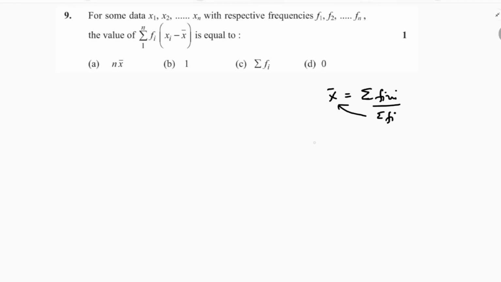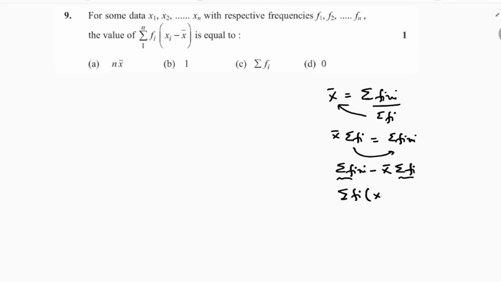If you cross multiply, x bar sigma fi is nothing but sigma fi xi. So take this to the right side: summation fi xi minus x bar summation fi. Now if you take sigma fi common, I'll be left with sigma fi times xi minus x bar, which is nothing but 0.